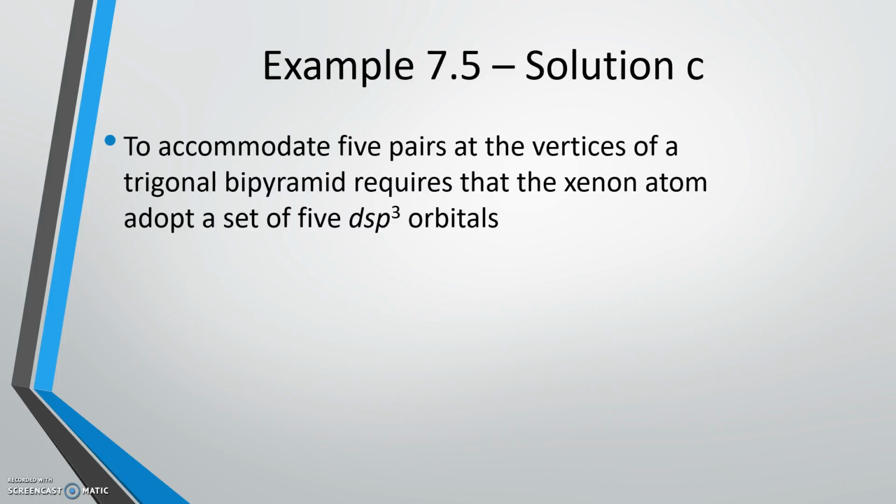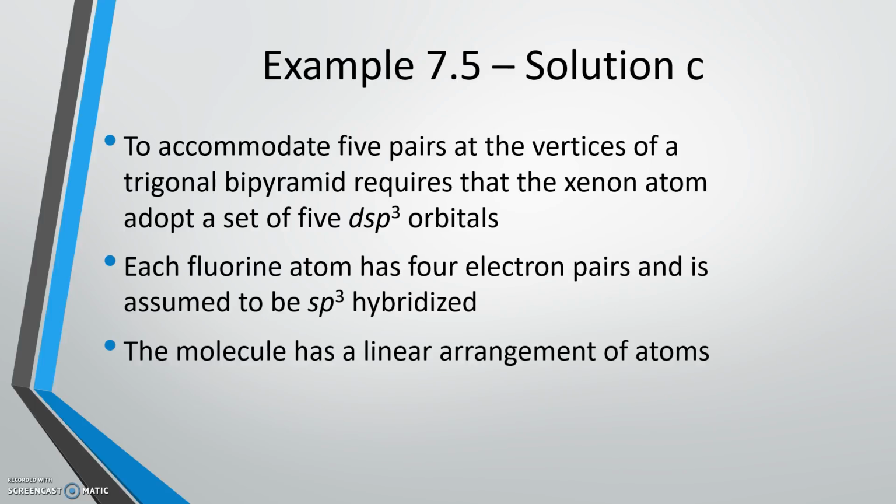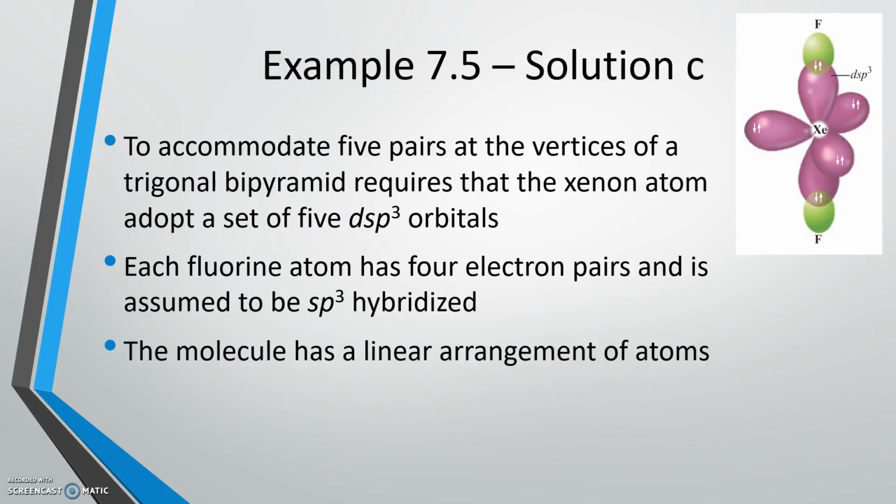To accommodate the 5 pairs of electrons at the vertices of the trigonal bipyramid requires that the xenon atom has a set of 5 dsp3 orbitals. And then again, because each fluorine has 1 bonded and 3 non-bonded electron regions, it is sp3 hybridized. This produces a linear arrangement of the atoms.